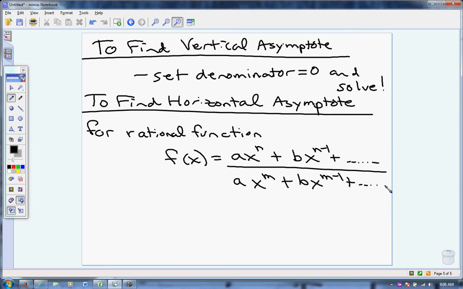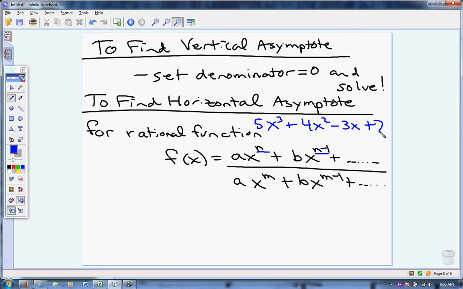Now don't get all wigged out by all those letters and everything. Just understand what I'm writing here. I'm writing a polynomial function. It's just like 5x cubed plus 4x squared minus 3x plus 7, right?